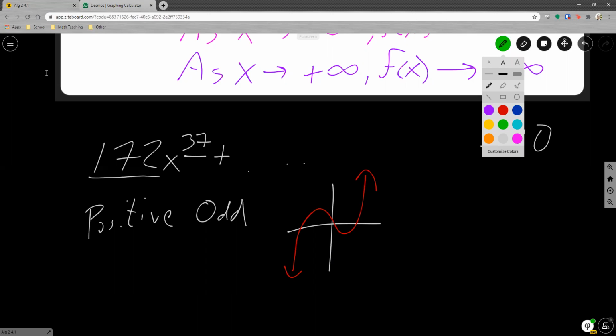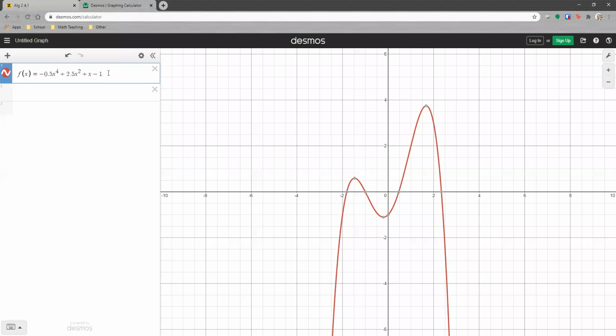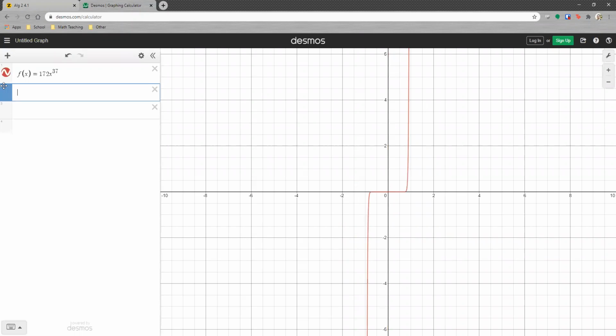The stuff in the middle will be a crazy mess, but the end behaviors I can absolutely predict. And I could do that in Desmos really quick. I'm not going to write out a full polynomial, but 172 times x to the 37th power will be crazy steep, and it'll grow super fast once I get larger than 1.